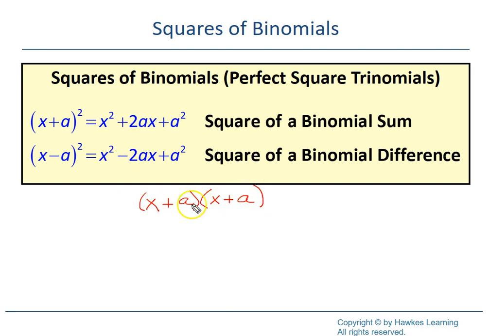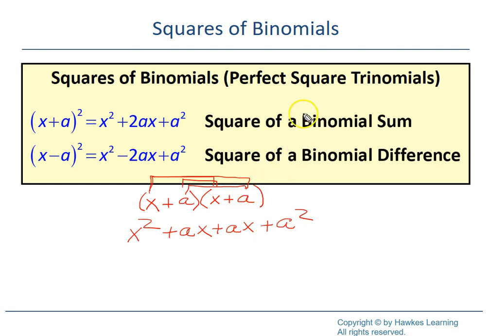And if we FOIL this, our first would be x squared. Our outers would be plus ax. Our inners plus ax. And our last plus a squared.